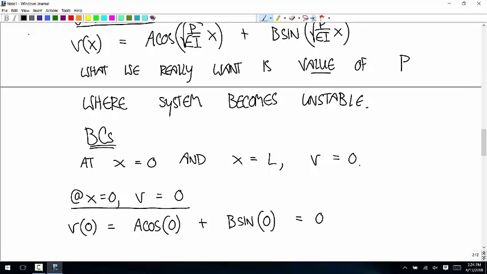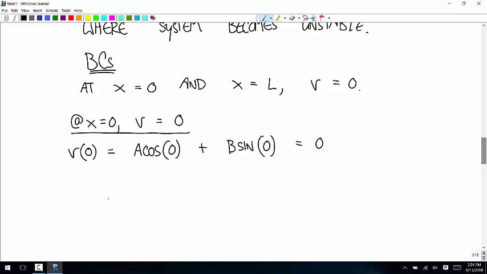And that has to equal 0. Cosine of 0 is 1, so this says a plus 0 is equal to 0. So we know that a has to be equal to 0. So I'll update this function for the deflection.